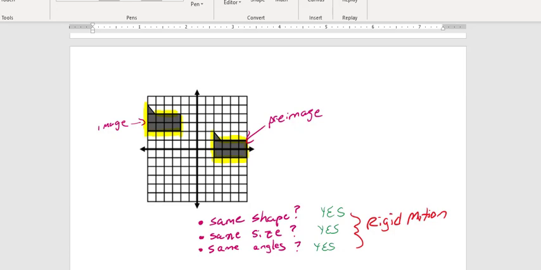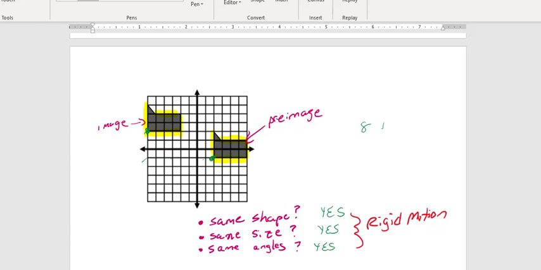Then one more thing that we have to look at here is, can we look at one point, say this point right here, and track it to its corresponding point, say this point right here? If I track from here to here, that would be 1, 2, 3, 4, 5, 6, 7, 8 to the left, and 1, 2, 3 up.